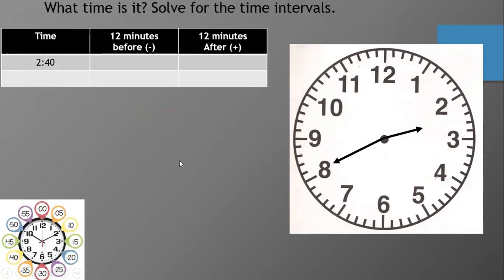For this one, the next two problems, boys and girls, you'll find in your math book. So this is the guided practice, and the starting time here is 2:40, and we're looking at 12 minutes after, 12 minutes before.